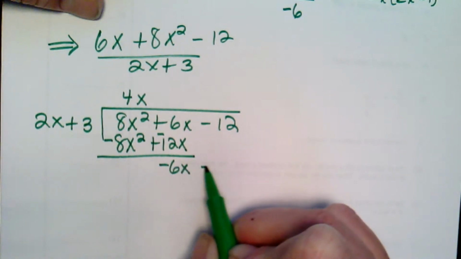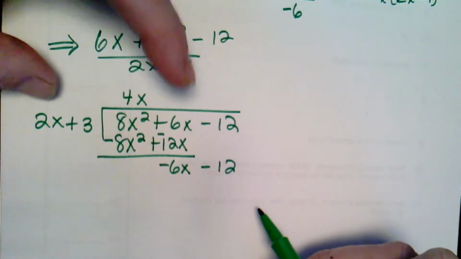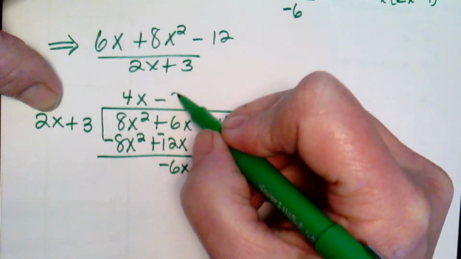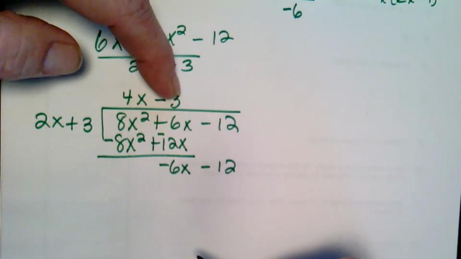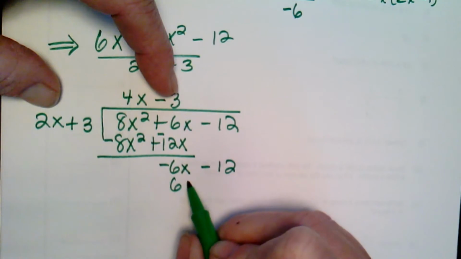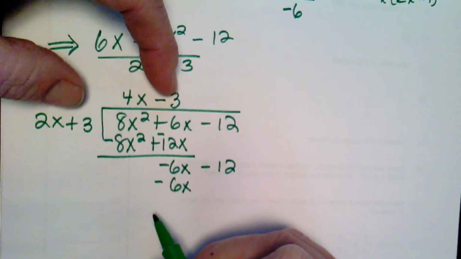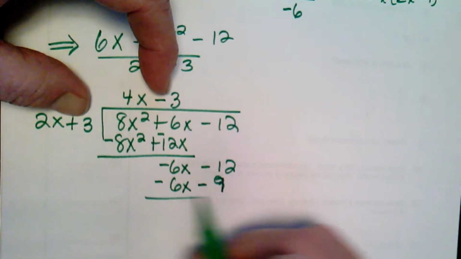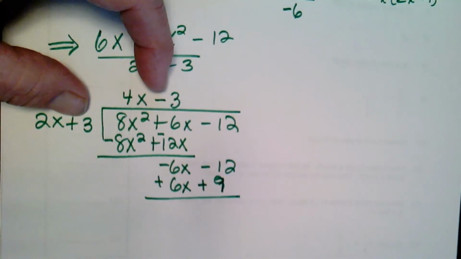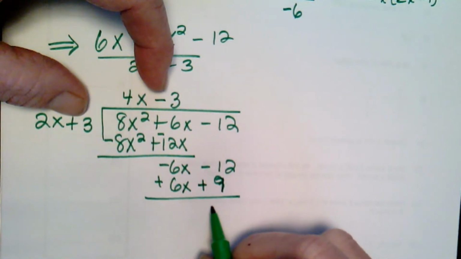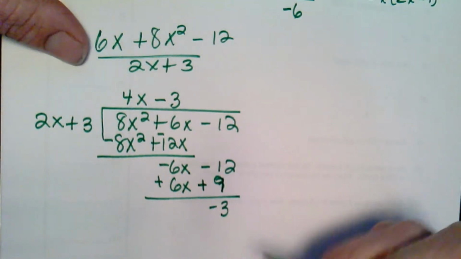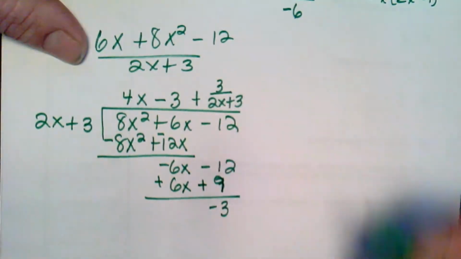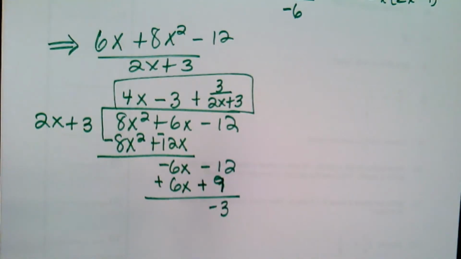Negative 6x, bring down. 2x going into negative 6x, so that's negative 3 times. 3 times 2x is 6x, negative 6x. Negative 3 times positive 3 is a negative 9. Change the signs of both, and I'm left with a negative 3. I've brought everything down, so that is our remainder. And here's our final answer.